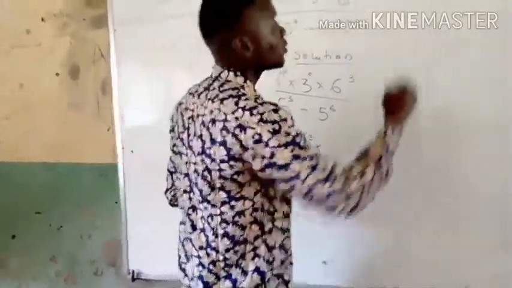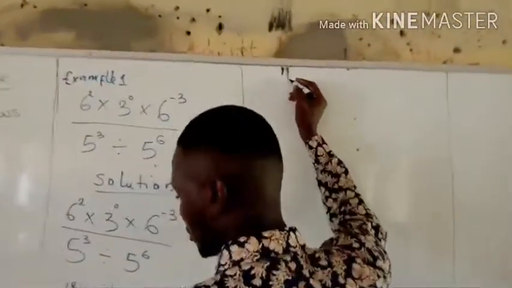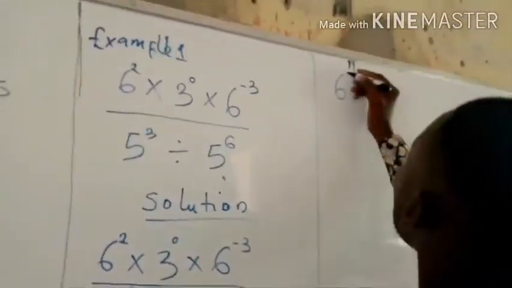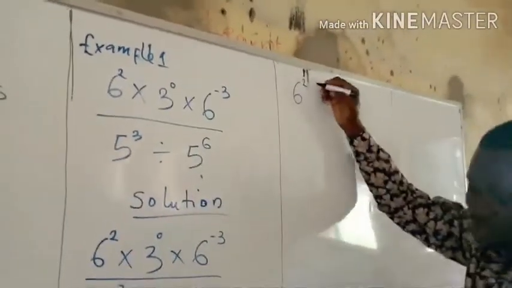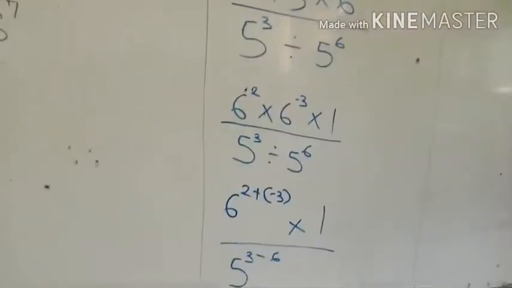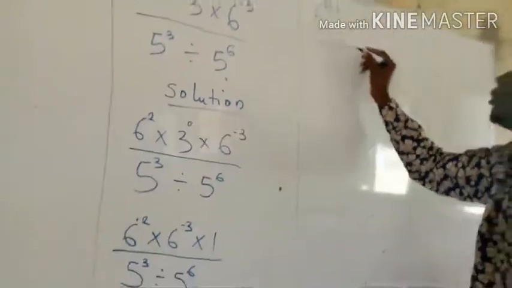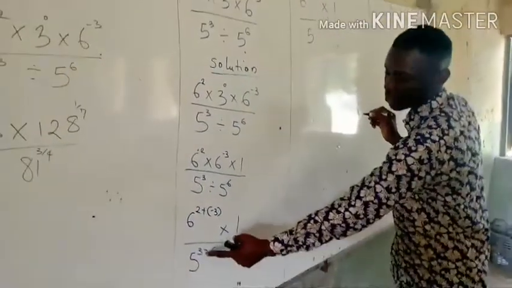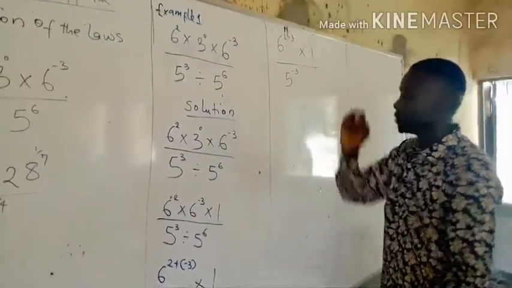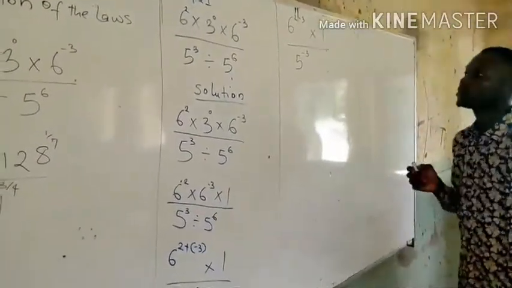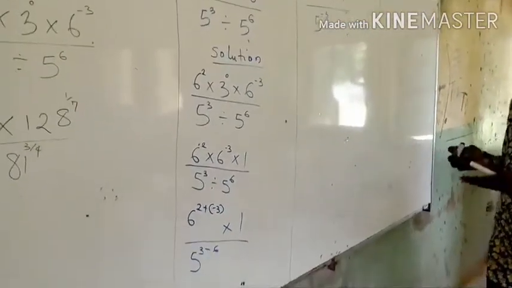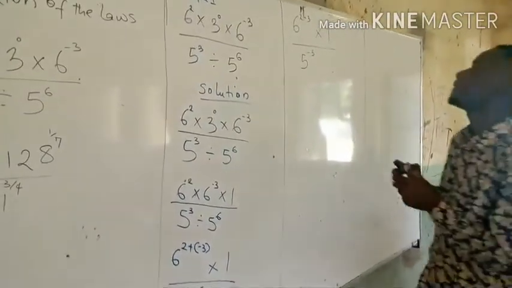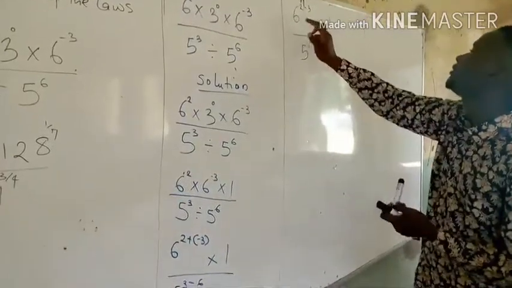That means we'll be having 6 raised to the power 2 minus 3 times 1 all over 5 raised to the power 3 minus 6, to give us minus 3. Yes, 3 minus 6 will give us minus 3. So now, let's finish up this place here.